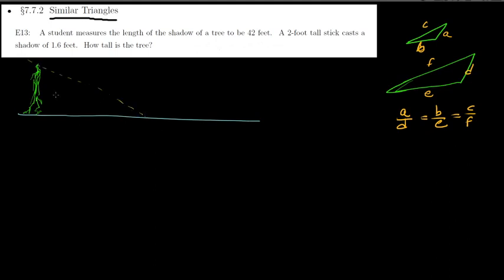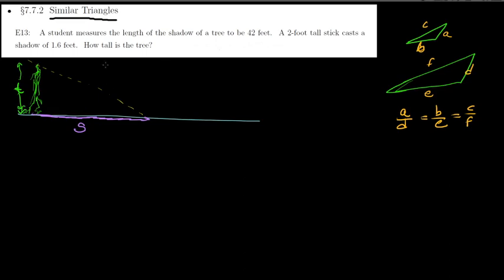And we have the shadow, which I'll draw in purple. That's the length of the shadow, S for shadow. And the height of the tree, we'll call that T for tree, from here all the way to the ground.